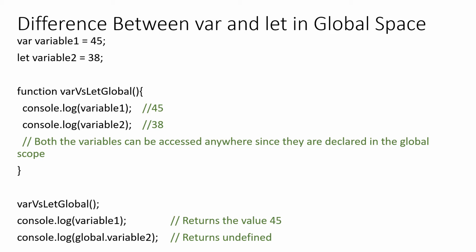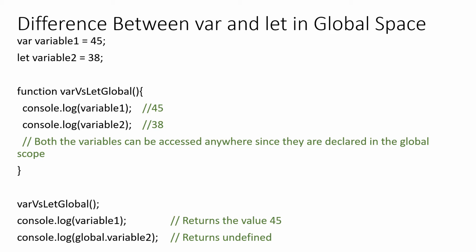Anything declared within curly braces is known as a block scope. Anything declared within a function is known as a function scope, and anything declared at the global level, outside of any function or block, is known as a global space or global scope.